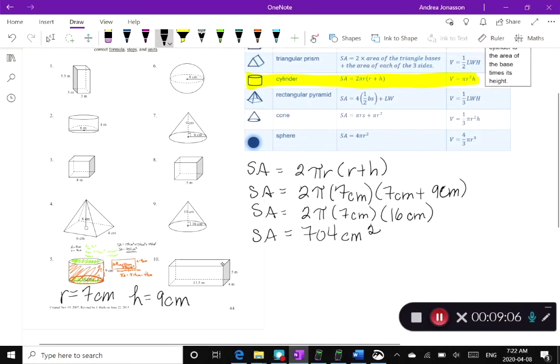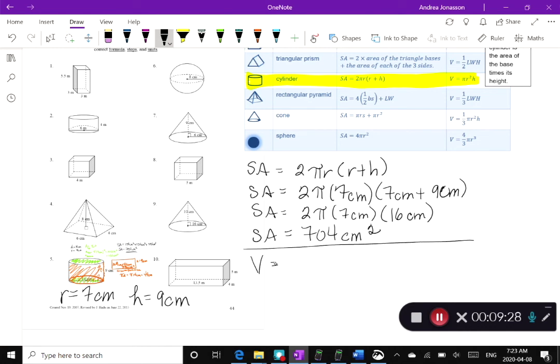Now the volume is a little bit easier. And the volume for anything like this, if you figure out the area of one of the ends and you multiply it by the height, you'll end up with the volume. So let's take a look at our volume calculation here.